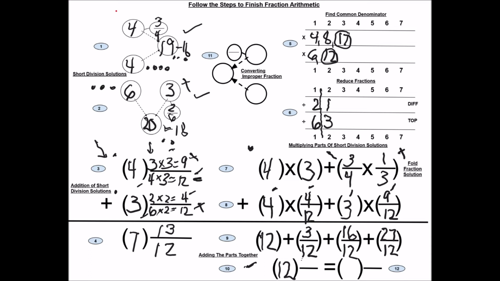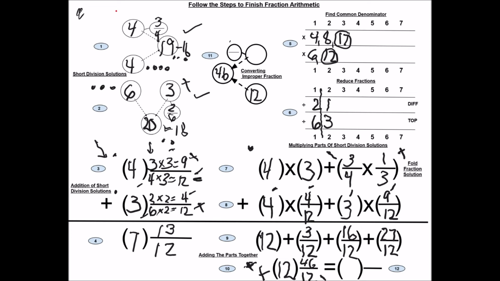So we have 46/12. Then we have what is called an improper fraction, 46/12, which is really the same as a short division problem, 46 divided by 12. And so let's put our short division problem up here, which is 46 divided by 12.